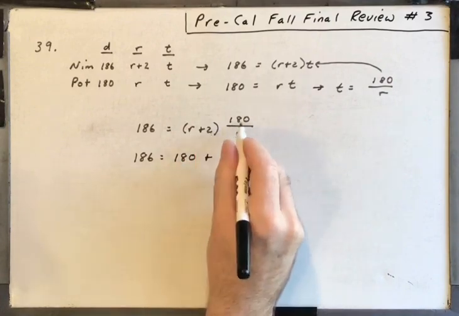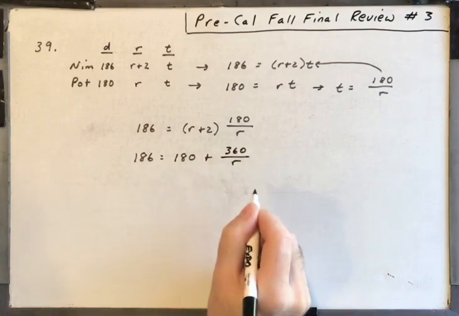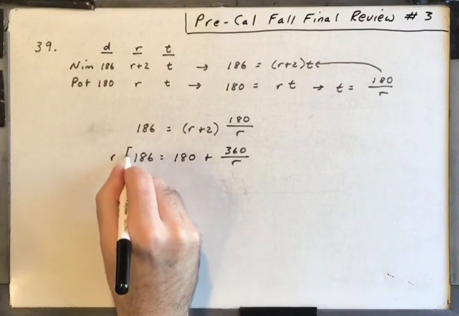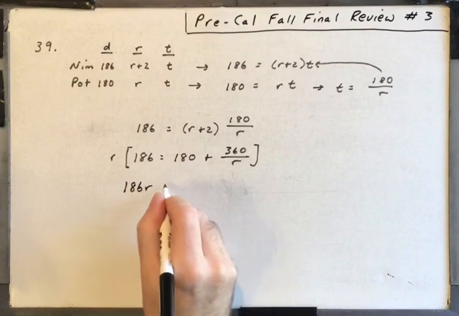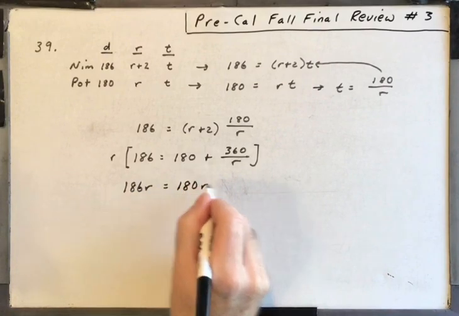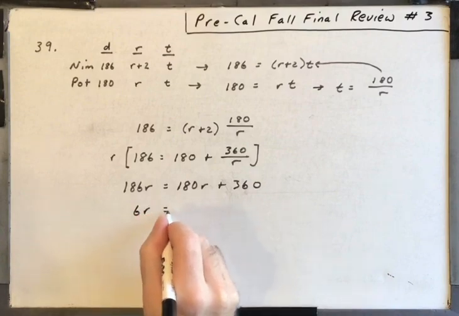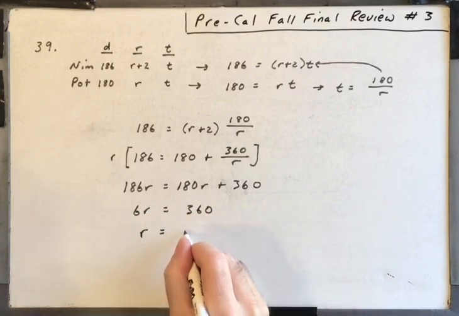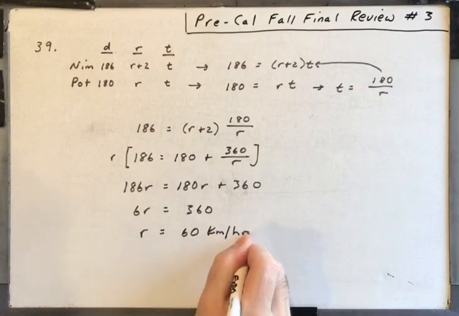And that's going to be 2 times 180 over r would be 360 over r. All right, let's multiply both sides by r to get rid of the fraction. 186r is equal to 180r plus 360. 6r is equal to 360, and r is equal to 60 kilometers per hour.